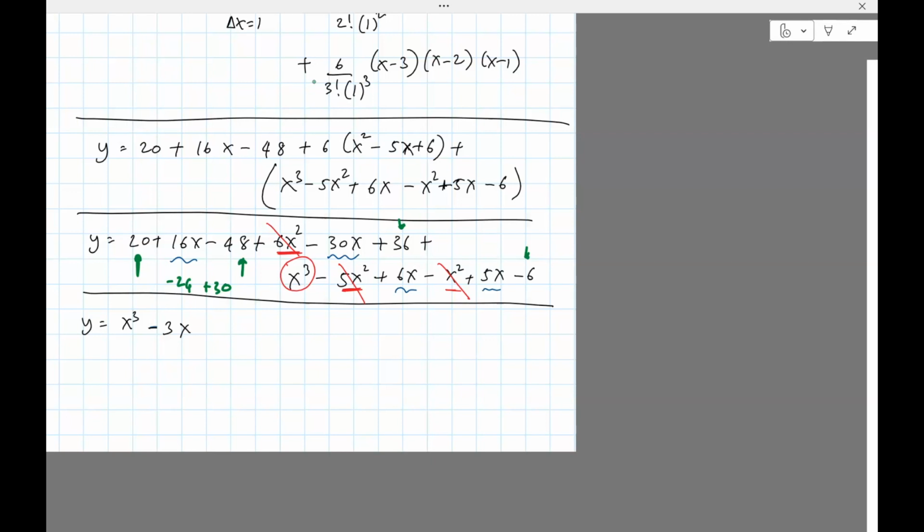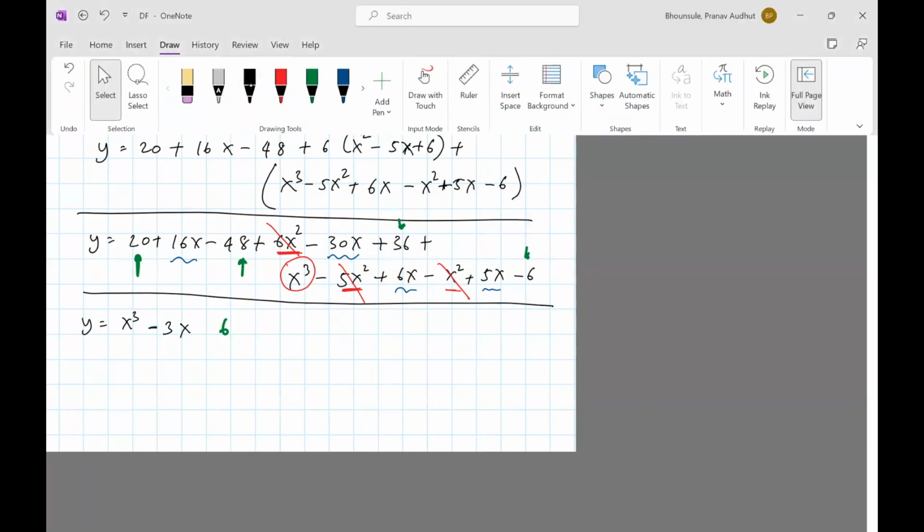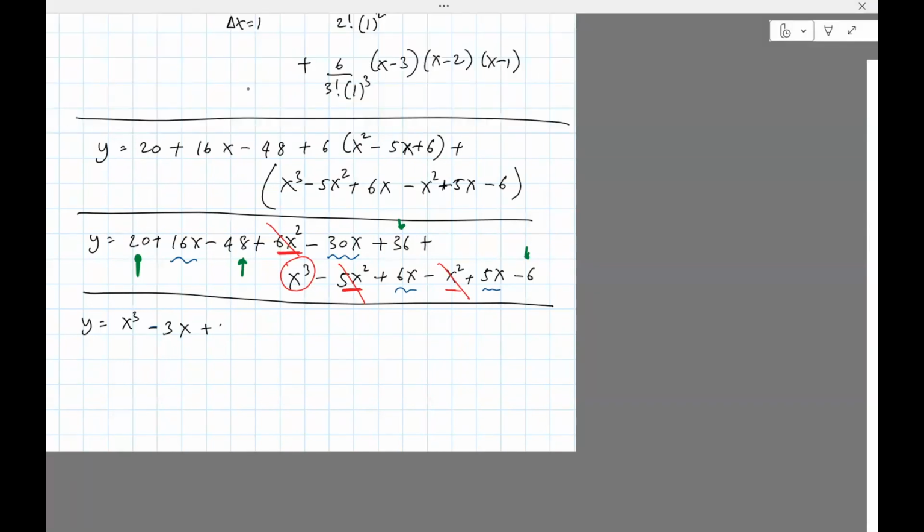That doesn't look right to me. No, this is wrong, right? This is not 24, it's 28. 20 minus 48 is minus 28, and then plus 30. So I think it comes out to be plus 2.